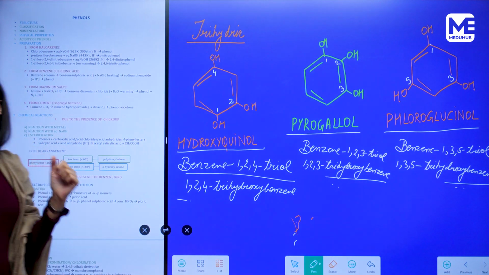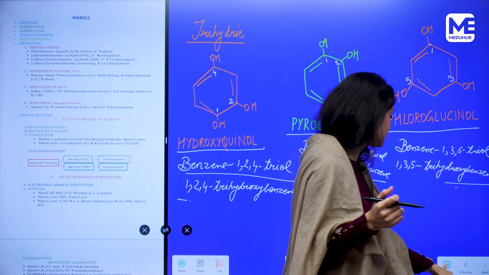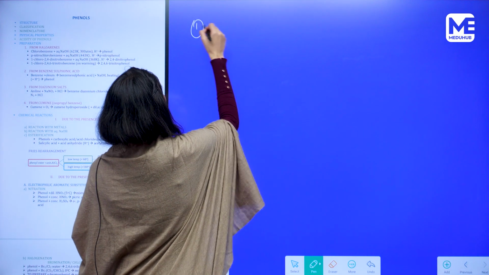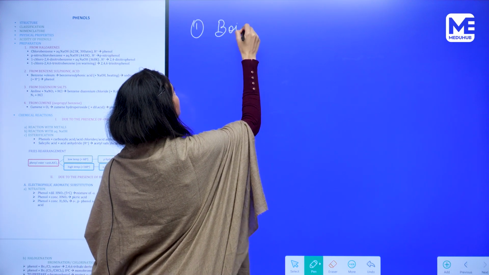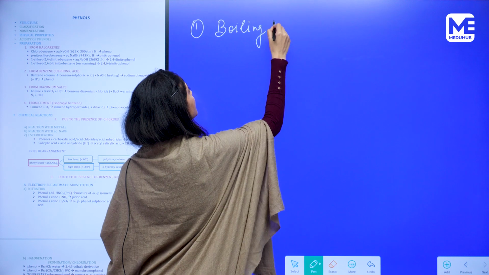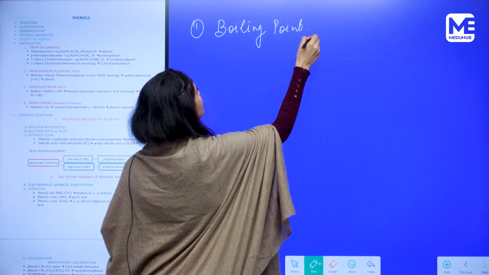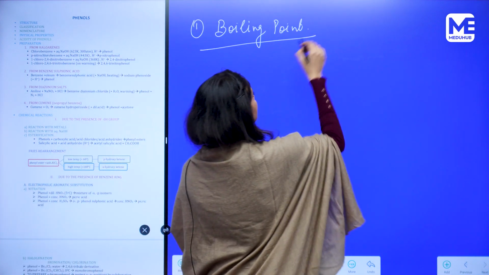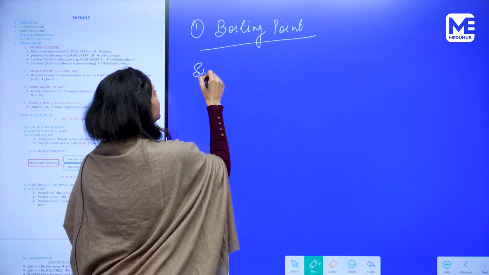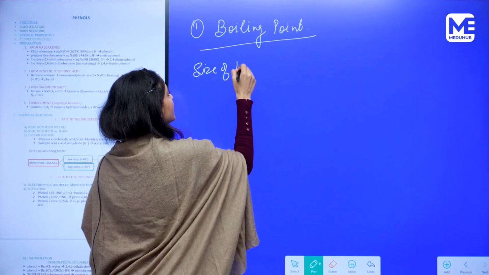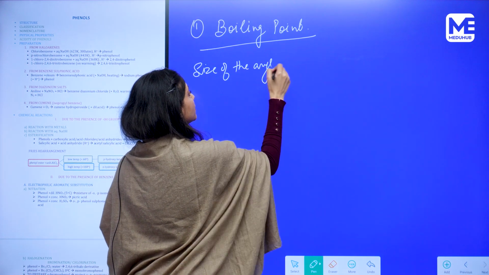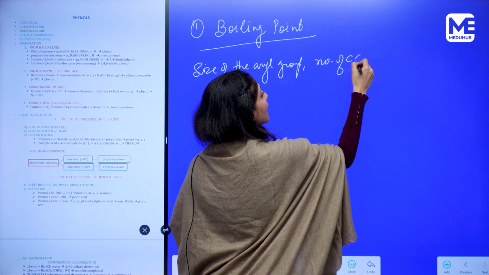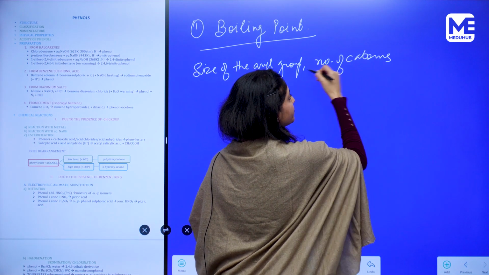Next, we need to see what the physical properties are. There are two physical properties that we will be discussing. One is the boiling point. So basically, the boiling point of phenols varies on the size of the aryl group and the number of carbon atoms in the molecule.